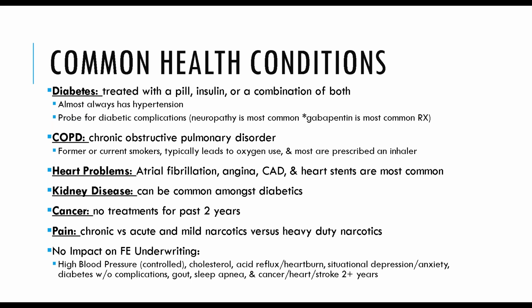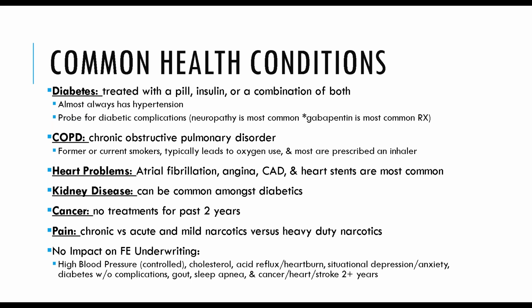Pain is a bit of a tricky conversation that we're going to have with people because we are in a mild epidemic out there with our narcotics. And the thing that we have to watch out for with pain is chronic versus acute, as I explained before, and mild narcotics versus heavy duty narcotics.